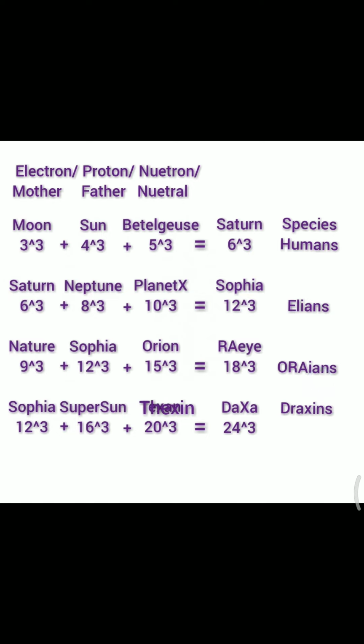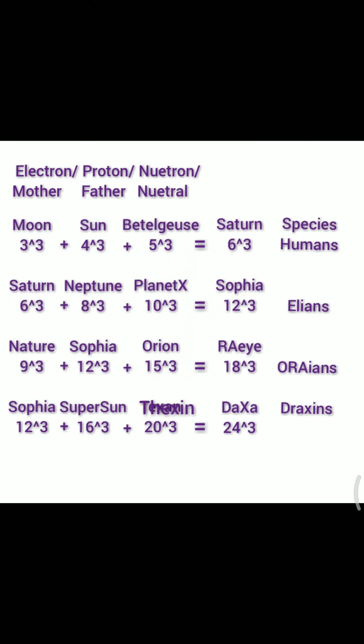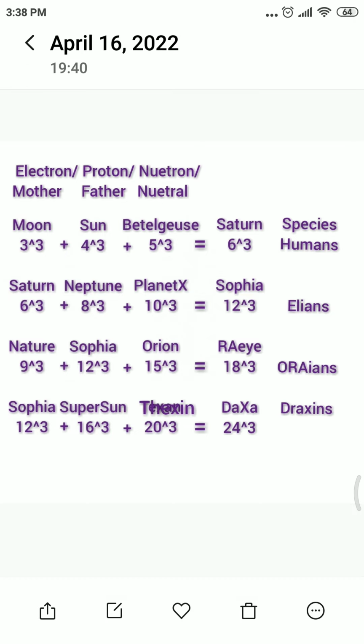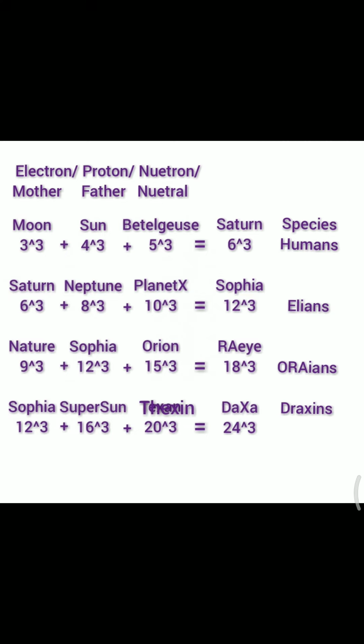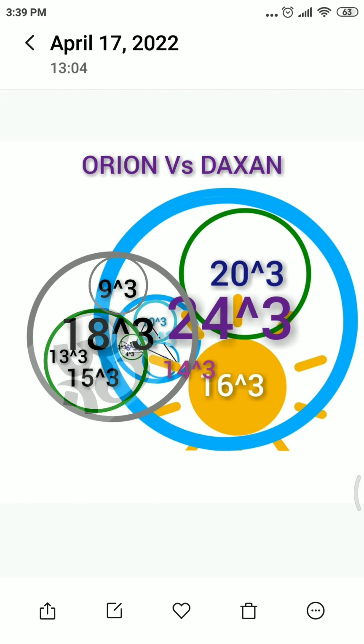And here the ta, otherwise in some language ta is pronounced as da. So the ksha is the 24th, X is 24th letter. So the people living here can be called Daxans or Daxians. So those are the names I came up with.